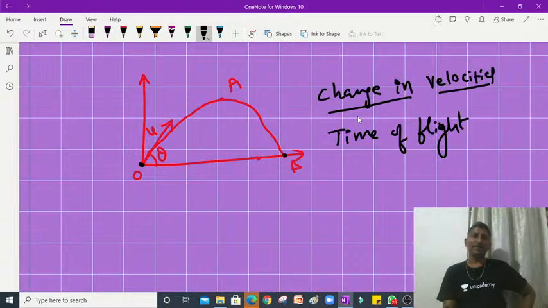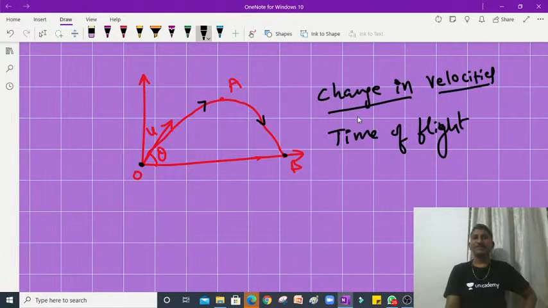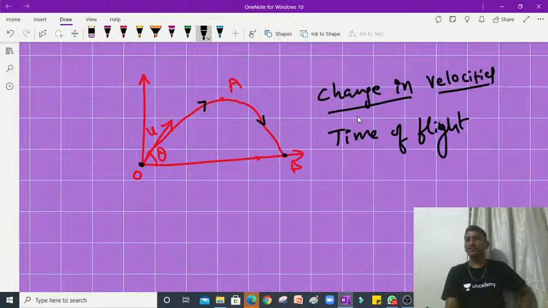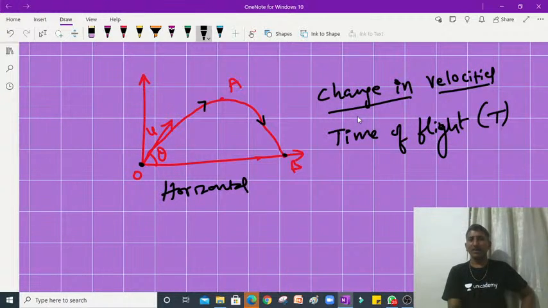The time for which a projectile remains in air during its journey is said to be time of flight. Generally it is denoted by capital T, students, right? Now about horizontal direction velocity change and vertical direction velocity change, I will calculate first.